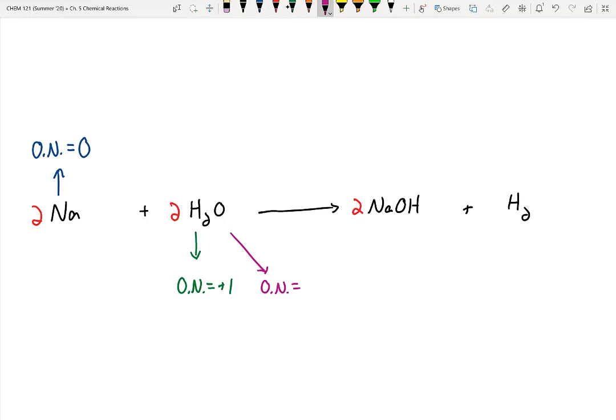Oxidation number for oxygen in a compound. -2? -2, perfect. Now we'll go over to sodium again. Oxidation number must be what? Now +1. Now +1, exactly, because it's in a compound now. And then we can jump over to oxygen here. Oops, sorry, that should be purple.